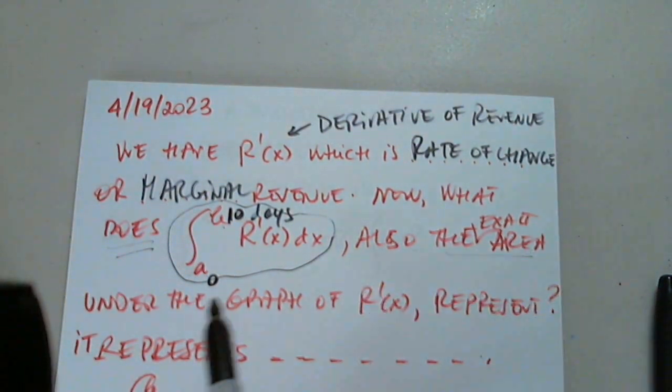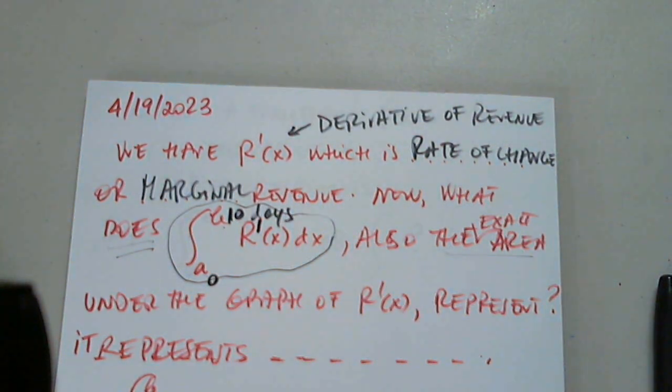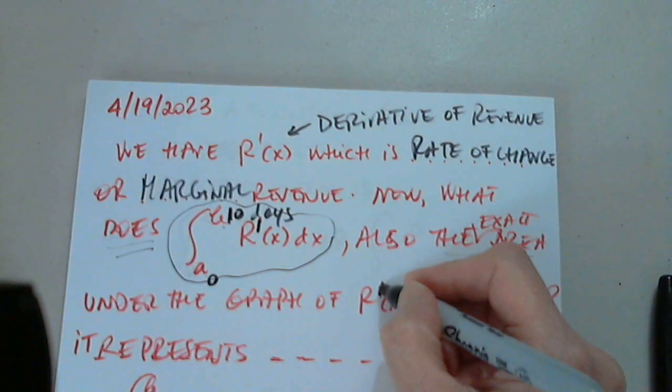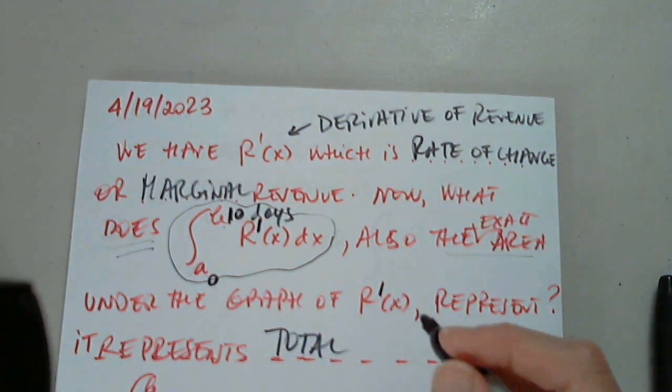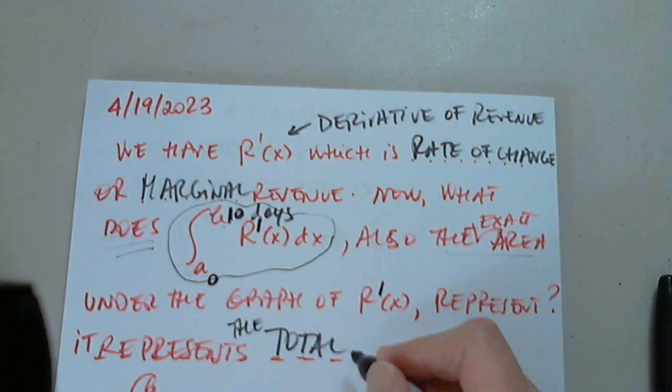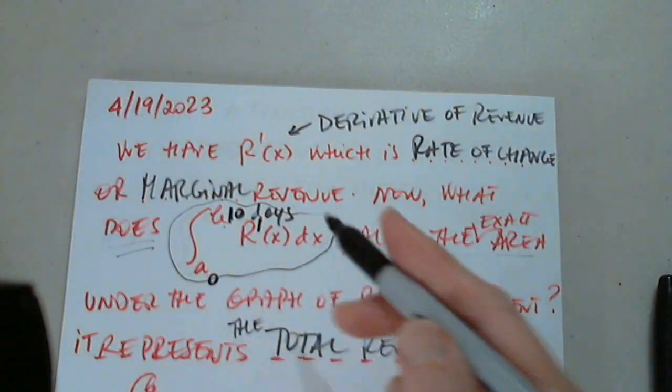Why do we even bother to calculate it? Would it be the revenue between those days? Excellent. It represents the total revenue between 0 and 10.